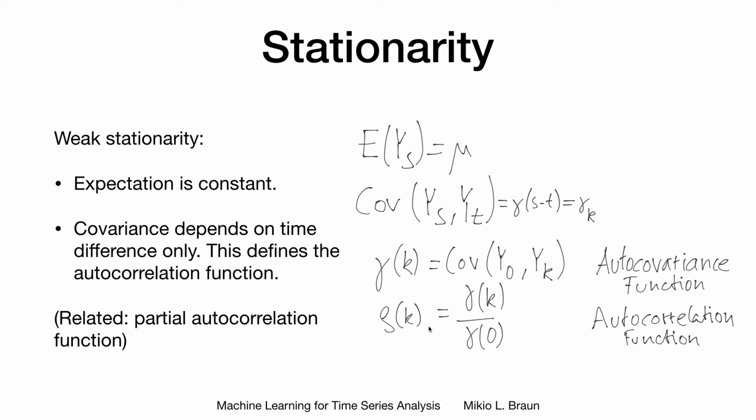If you look at this rho k, then for k equals 0, you get how much a point is correlated with itself, so that's always 1. And then as you make the time difference larger, the correlation goes a bit down. Later on, one of the key things you can do is try to estimate the covariance or the correlation from the data, and that is something used later on.